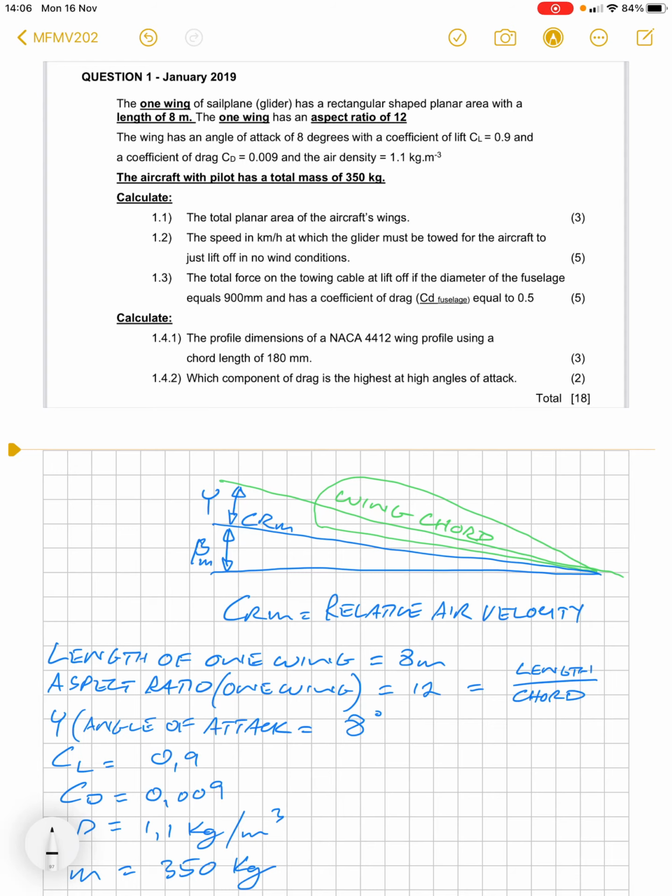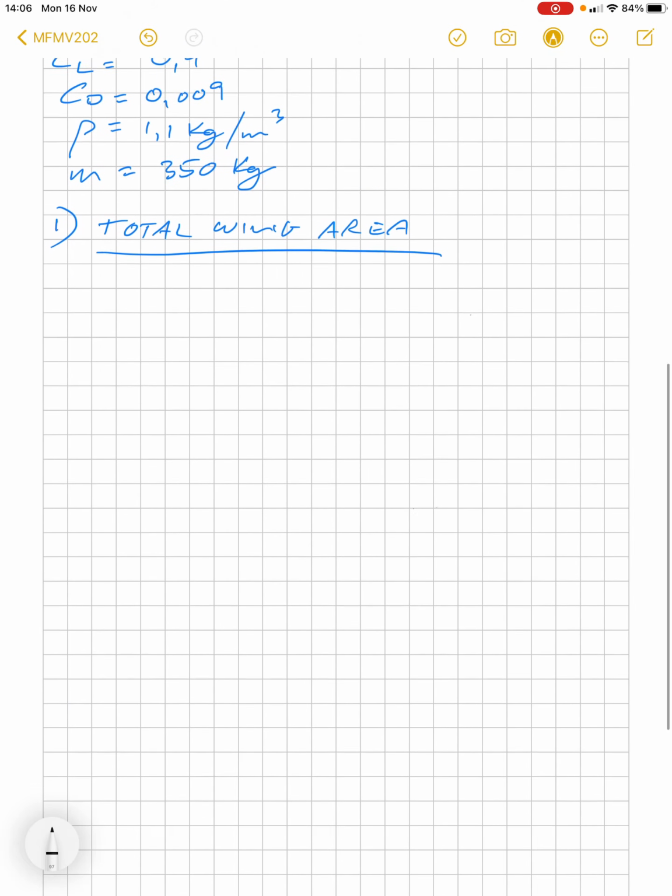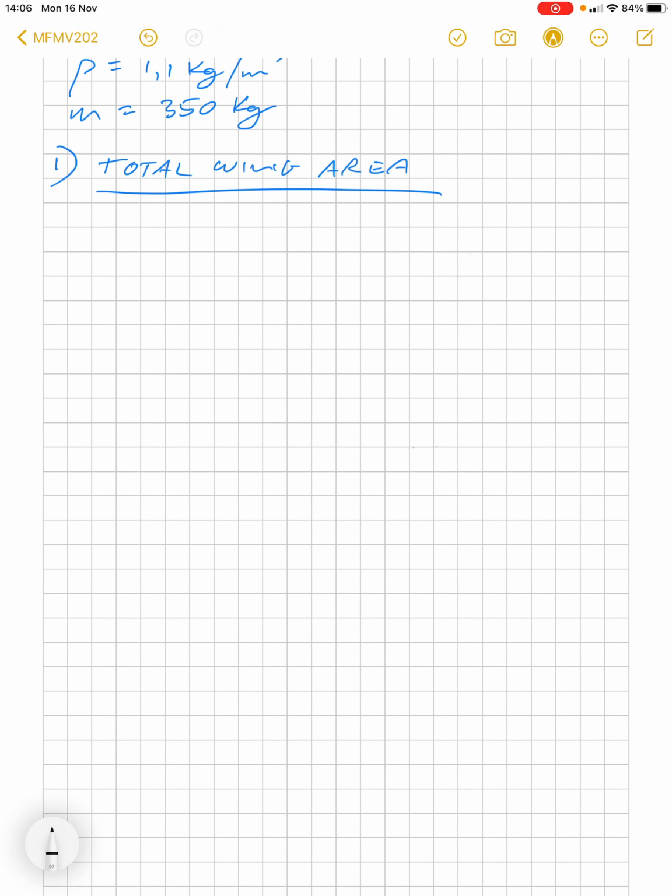First of all, we have to calculate the total planar area of the aircraft's wings. So we know that the aspect ratio is equal to the length of the wing divided by the width of the wing. We also know that the area is equal to length times width. So we can express that as width equals length over aspect ratio and substitute in this formula.